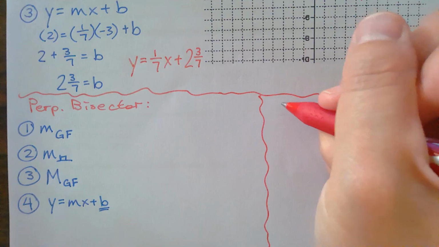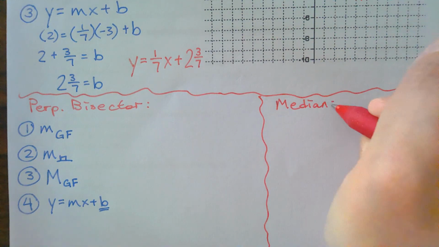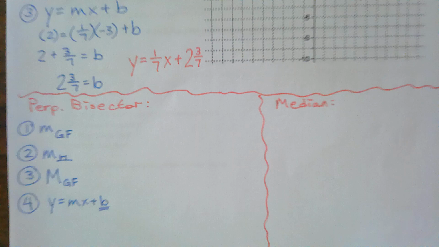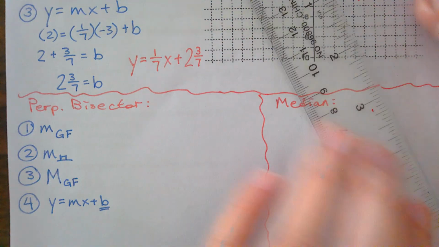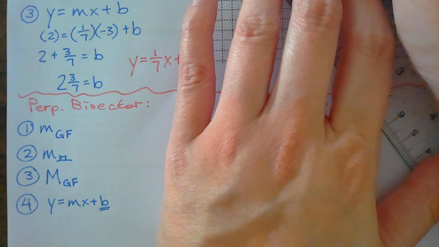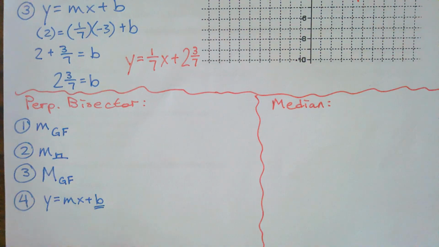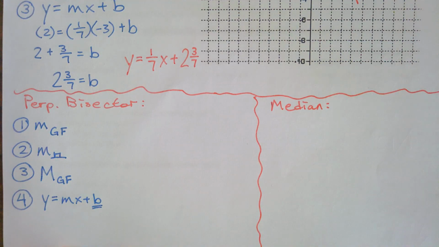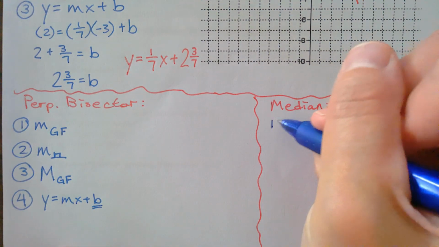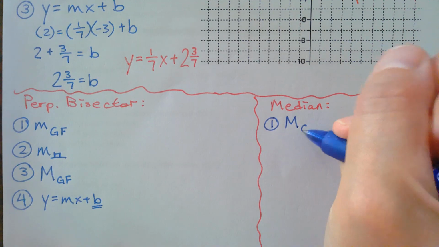And then lastly is the median. Median from H. So first step is I want to find the midpoint of GF.